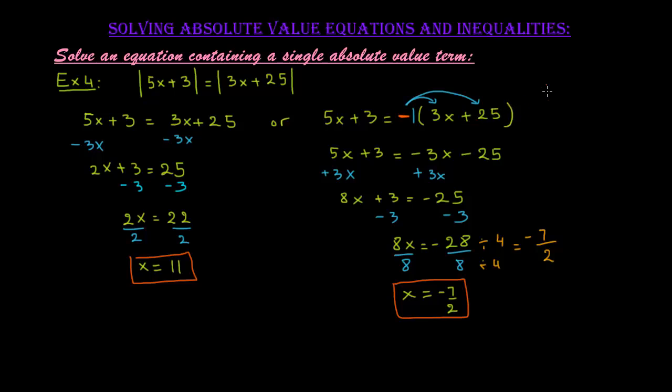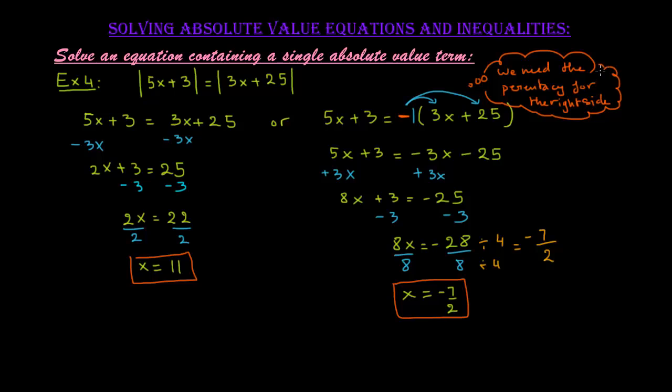We should write a note down here: maybe we need the parenthesis for the right side. If it's not clear for you, just use your own words, as long as you get the concept, the idea here.